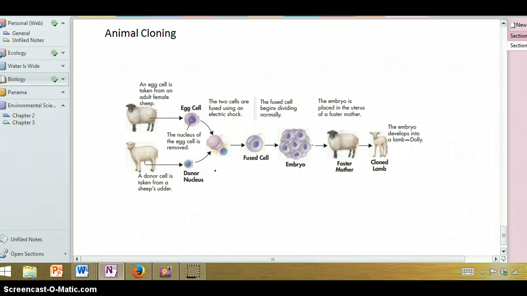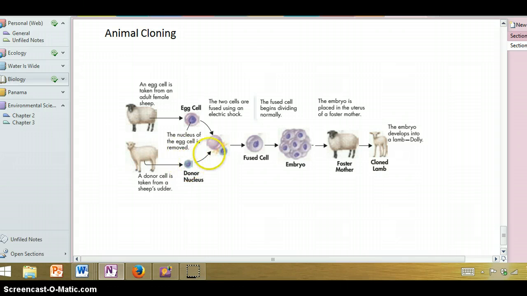You typically have to find a stem cell within that organism, because if you just took it from a skin cell, for example, in that skin cell, a lot of the genes have been turned off. And so when you attempt to grow an embryo from it, it won't grow properly. So you tend to find relatively undifferentiated cells from the organism you want to clone.